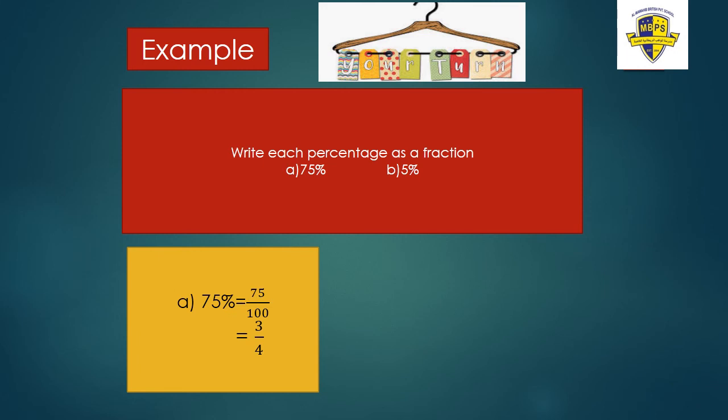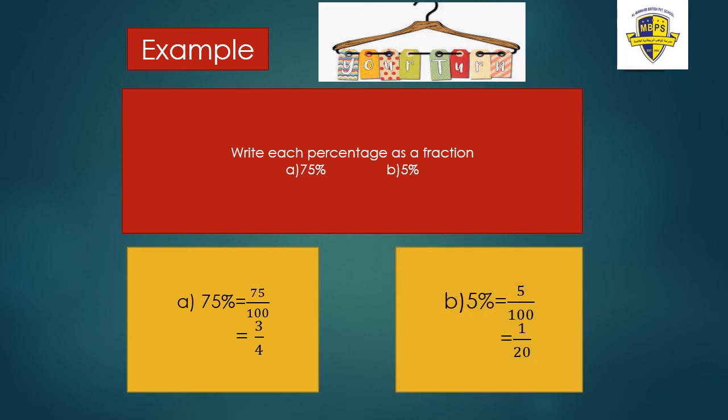We will say 75 over 100. Then we will simplify this fraction. We will get 3 over 4. Remember how to simplify? Yes, we divide both the numerator and denominator by the same number. Like here we divide both of them by 25, we get 3/4.